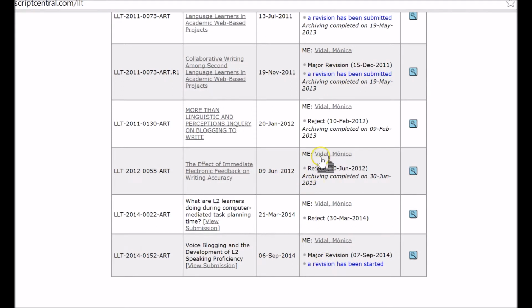The ones that reject are not a major revision. Now, I don't know what happened to this article. It says here a major revision was submitted, but it's out of my hands unless I go to the journal and look this up. I don't know whether or not the paper was submitted.